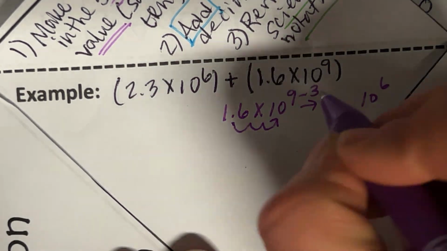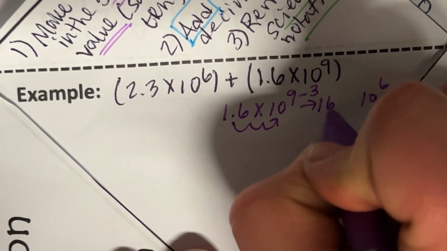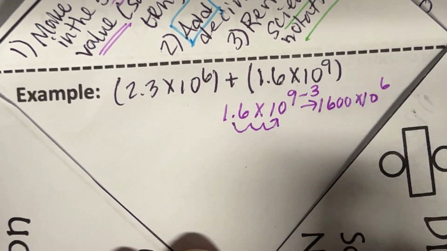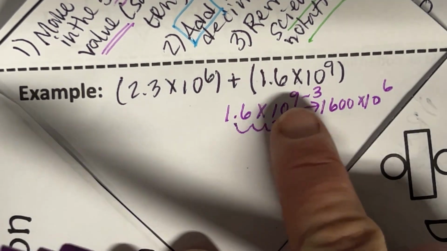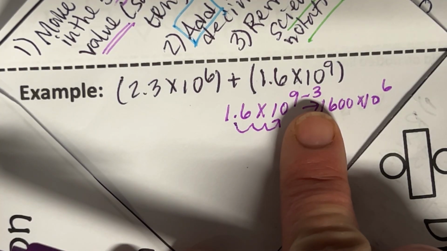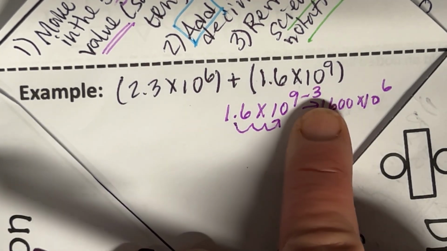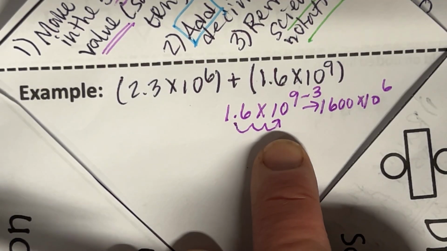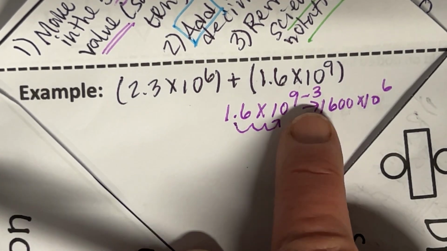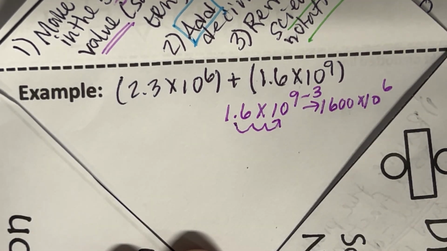So that means I have 1,600 times 10 to the 6th, okay? I shifted my place value 3 to the right, and that means I'm bringing the exponent down by 3, shifting my place value over to the right, 3 place values, right? 3, 3, 3. Yeah? Cool.